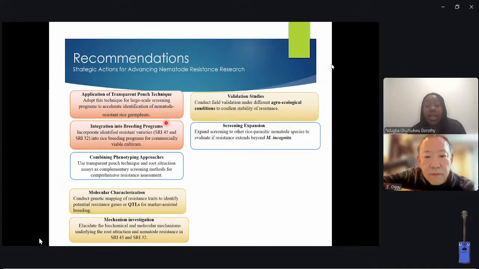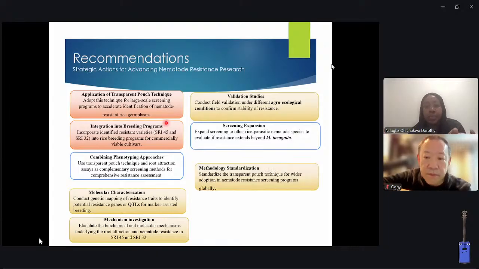And also, this screening should be expanded to other rice parasitic nematode species to evaluate if the resistance extends beyond Meloidogyne incognita. When I said other rice varieties, because we have a lot of rice varieties, so it should be expanded to others.